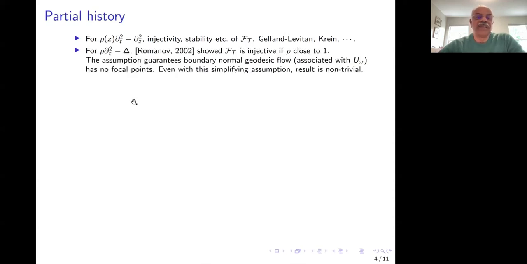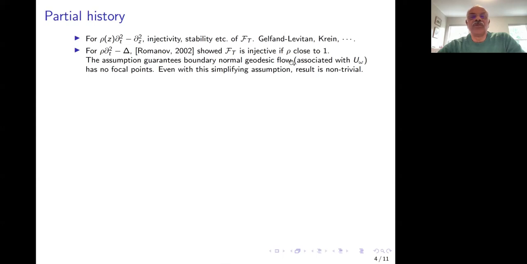In the multidimensional case, for the rho recovery problem, the velocity recovery problem, Romanov showed, again I'm being a little vague here, that FT is injective if rho is close to 1. And if rho is close to 1, then the boundary normal geodesic flow associated with the U omega has no focal points, so certain techniques are available.